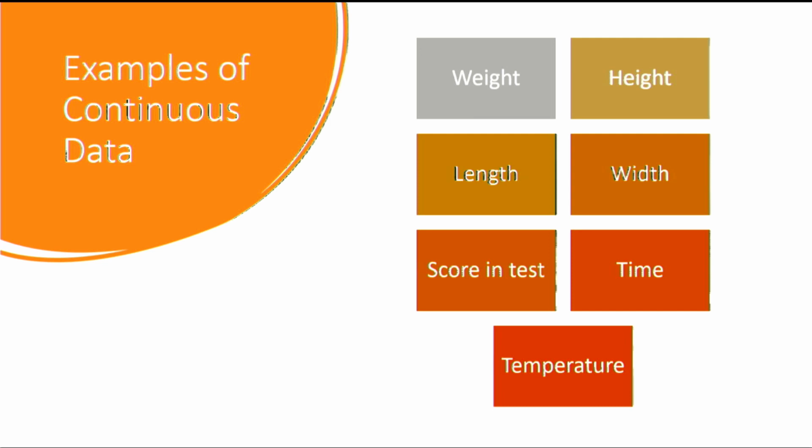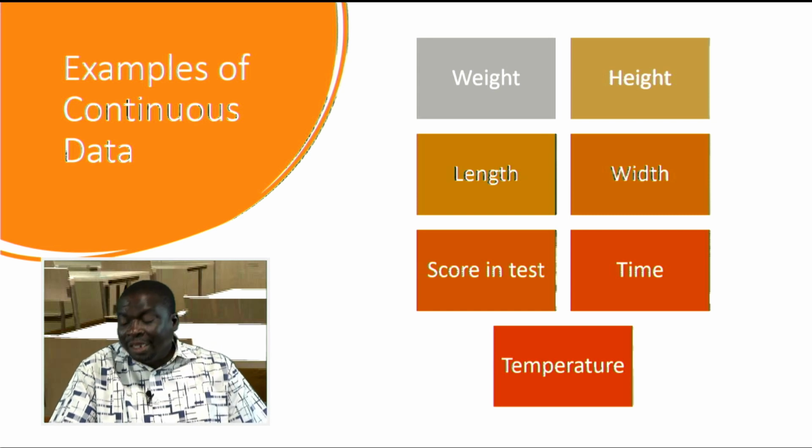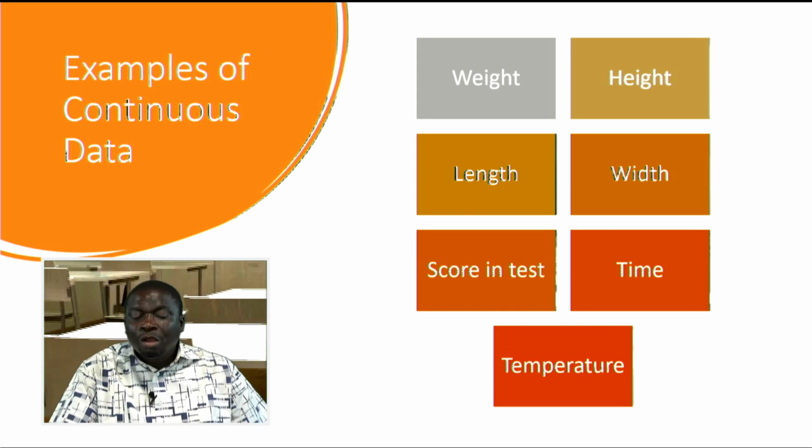Score in a test. Then time is also continuous. As I'm talking now, the time is moving. It's a continuous thing. Then the temperature. This temperature can be the temperature in a room, temperature of one particular machine that is under process.